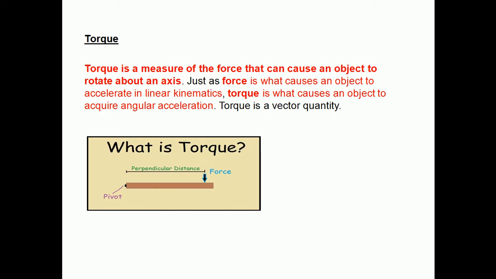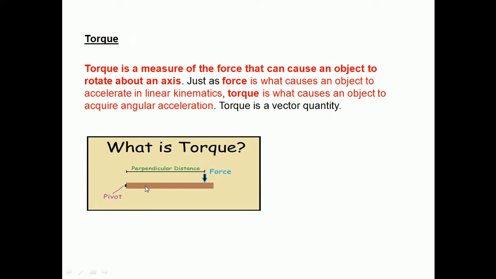What is a torque? A torque is a measure of the force that can cause an object to rotate about an axis. Okay. Suppose this is the pivot point and somebody is applying the force. When somebody is applying the force, then we call it a torque. Torque is the measurement of the force applied that can cause an object to rotate.